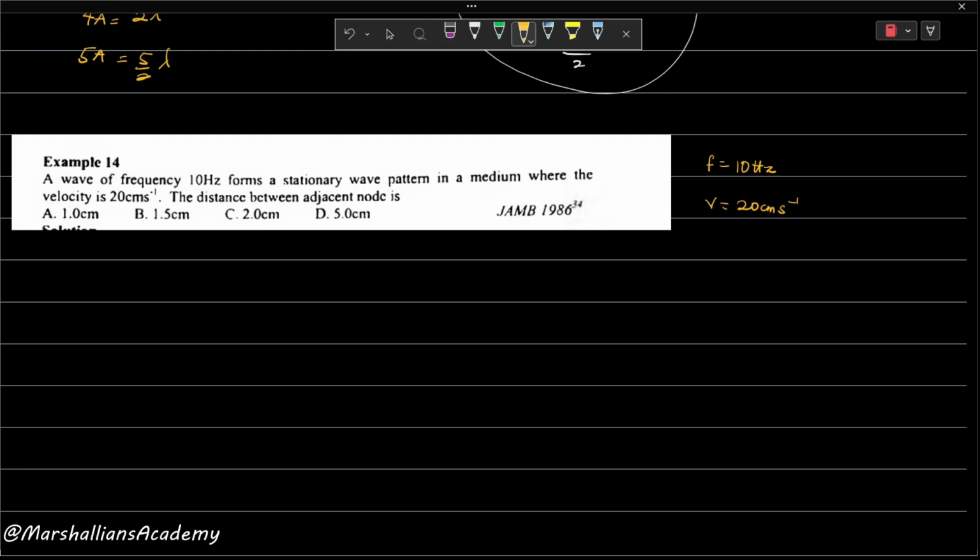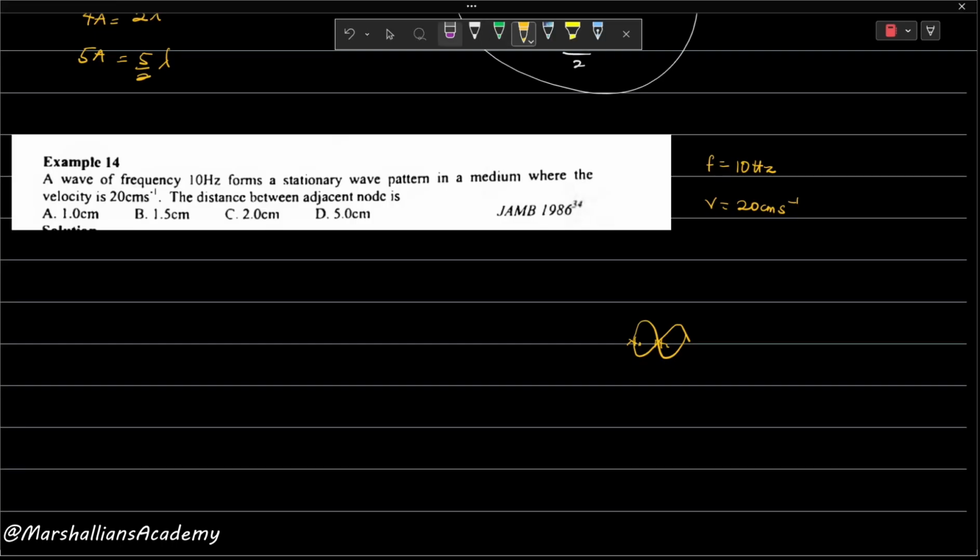They said the distance between the adjacent nodes, that is the distance between one node and the node that follows it. What they're asking you is, imagine you have a standing wave that looks like this. What's the distance between node 1 and node 2?